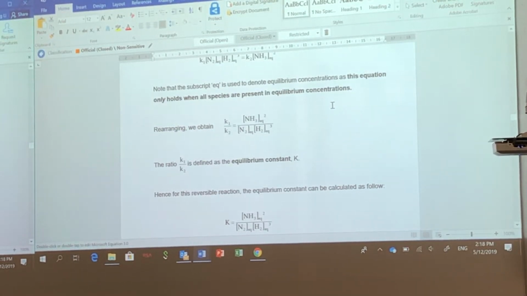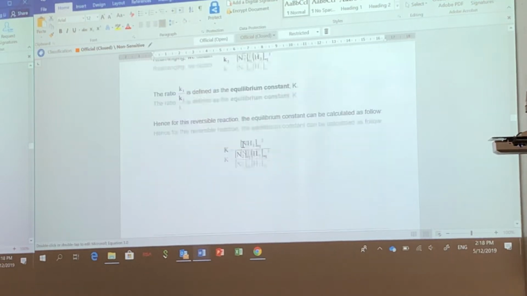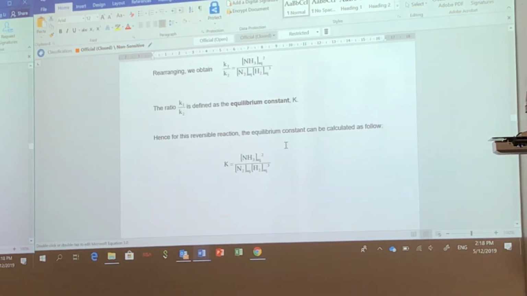So your final complete answer for the equilibrium constant should be your value plus a proper unit. Unless the top is squared and the bottom is also squared, it cancels off, then it's dimensionless. But for this case, it's not, right? Definitely there are units. So this is for the equilibrium constant. Are you all clear?